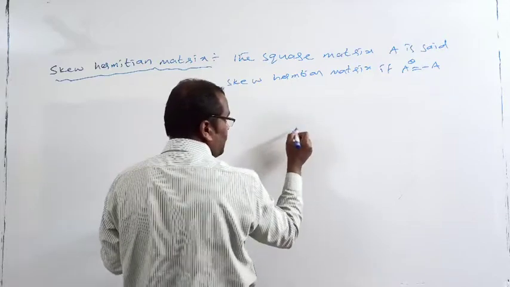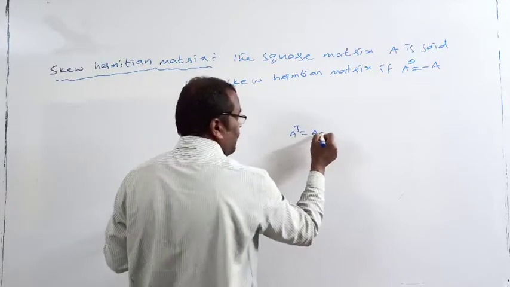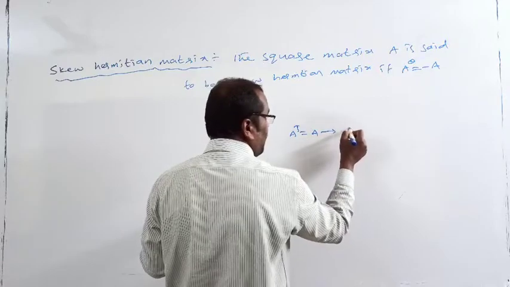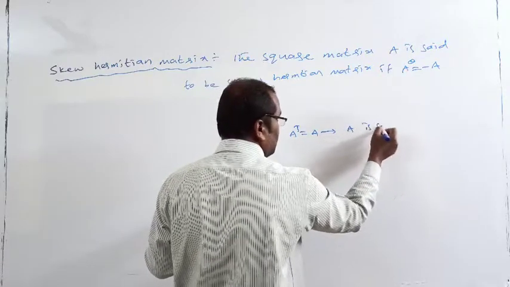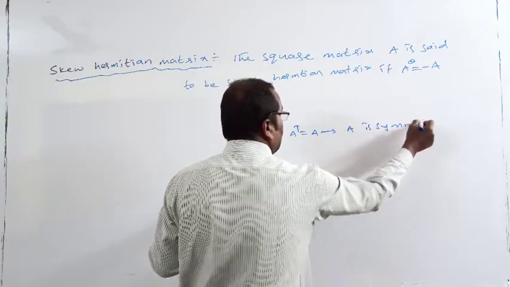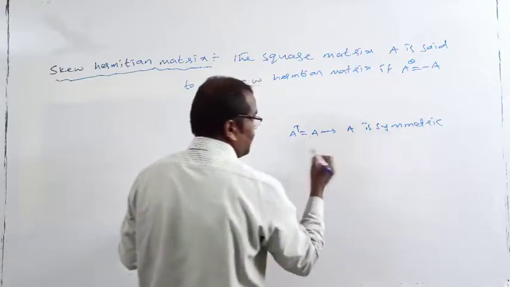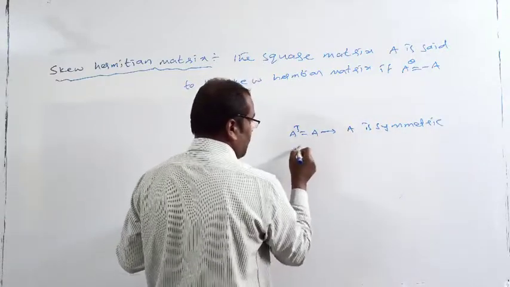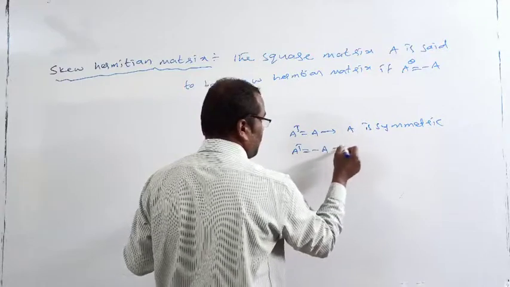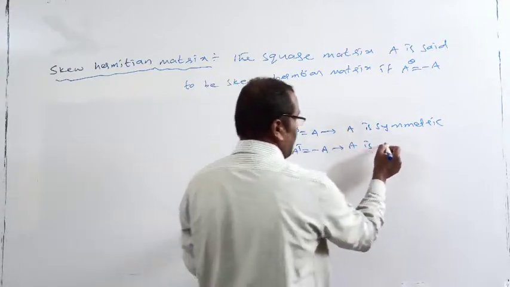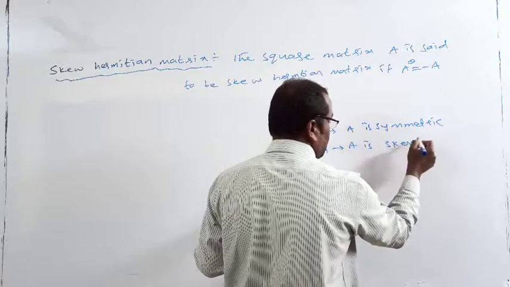So we have some similarity. If A power T equal to A, it is symmetric. So observe the name of the matrices. If A power T equal to minus A, then A is skew symmetric.